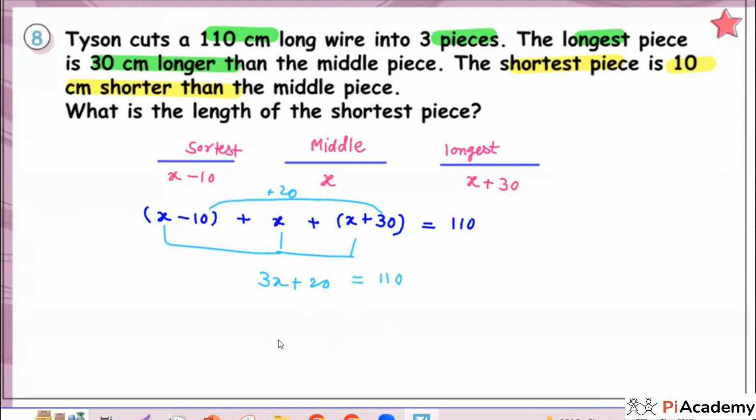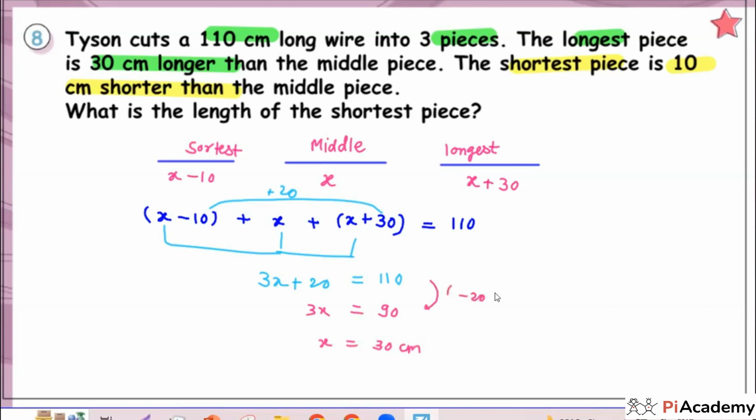Now we have to solve the equation: 3x plus 20 equals 110. I am subtracting 20 from both sides, so I get 3x equals 90. Now I am dividing by 3 on both sides, so I get x equals 30 centimeters.